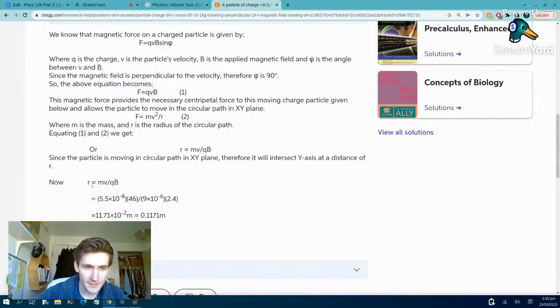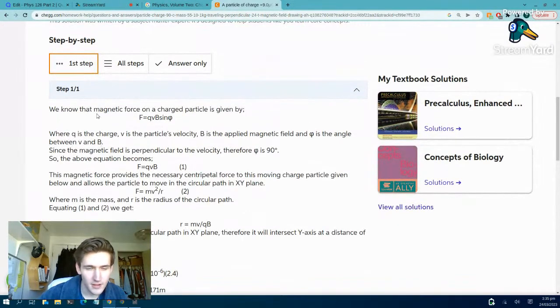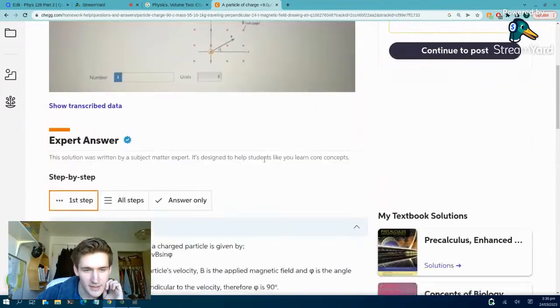Radius equals mass times velocity. We know the magnetic force on a charged particle is qvB sine theta, where q is the charge, v is the velocity, and B is the applied magnetic field. This magnetic field is perpendicular to the velocity. Since the magnetic field is perpendicular to the velocity, theta is 90 degrees.